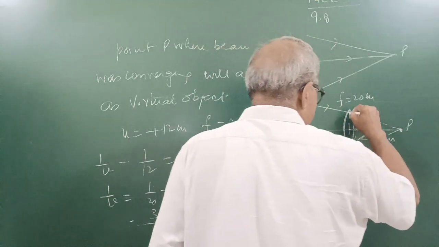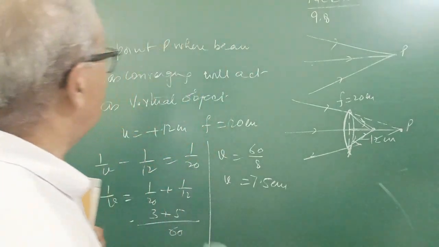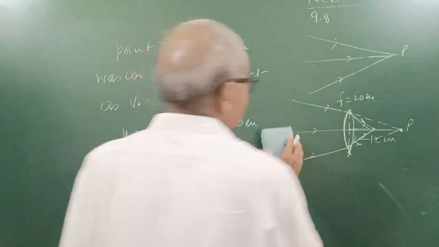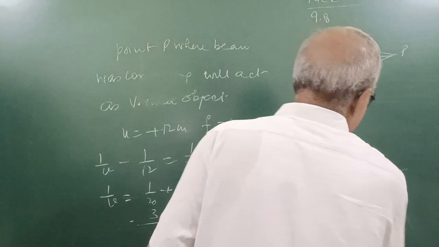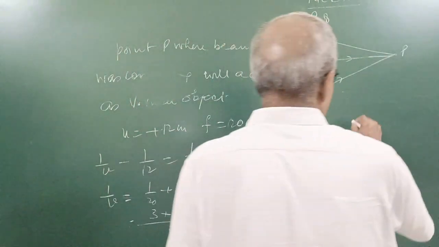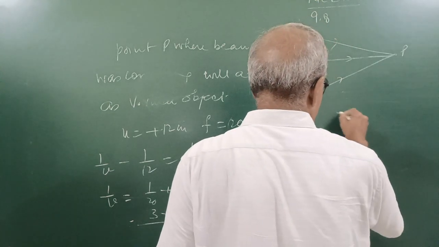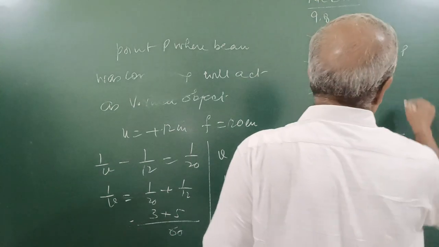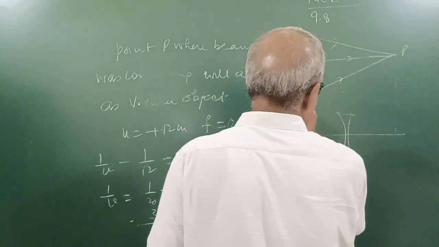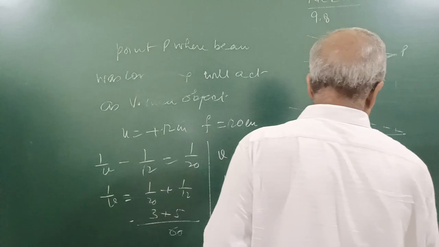Because its nature is converging, the beam will converge more. Now if we place a concave lens at the same distance, but of focal length 16 centimeter, the beam was converging at this point P here. So where will it converge now?